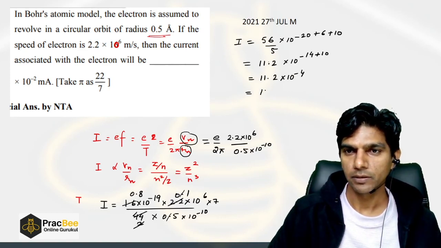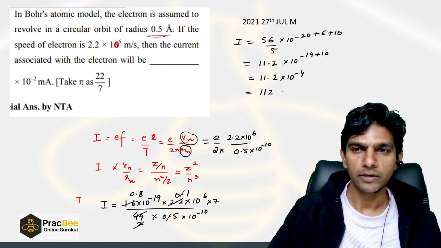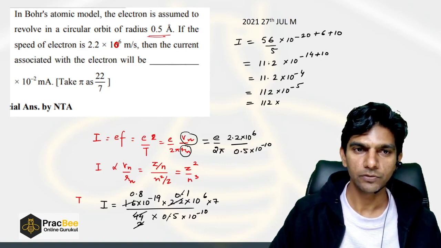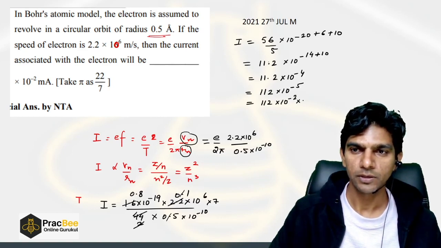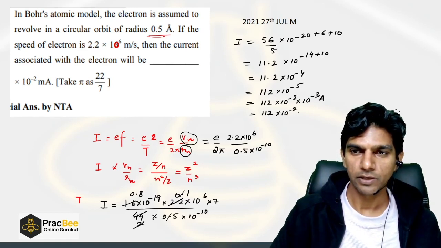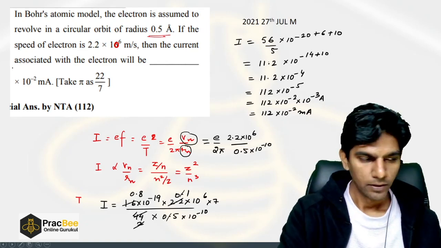So this will be 112 into 10 raised to power minus 5, which can be written as 112 into 10 raised to power minus 2 times 10 raised to power minus 3 amperes. So it is 112 into 10 raised to power minus 2 times milliampere. So 112 should be the answer, right?